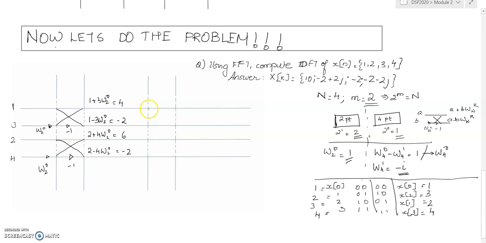This is the graph. You connect the top arms of both butterflies, and this will be the first butterfly of this 4-point DFT, and then you have to connect the bottom arms of the 2 butterflies.